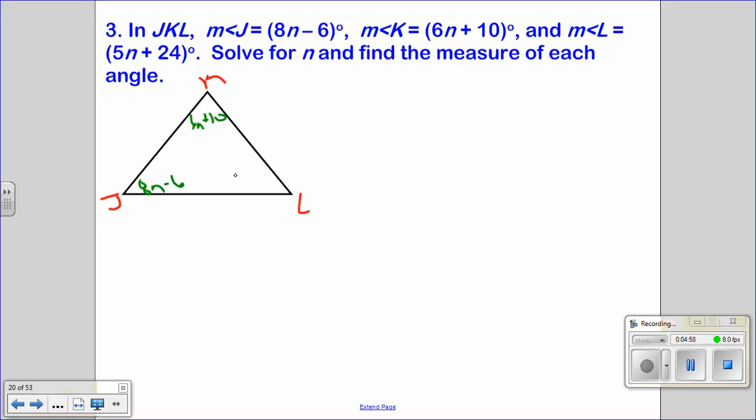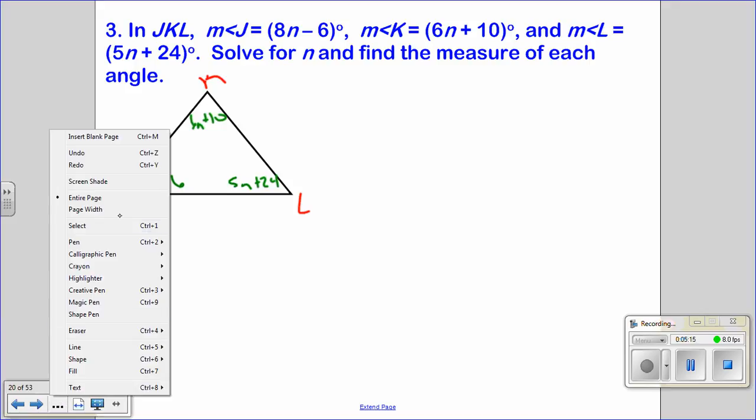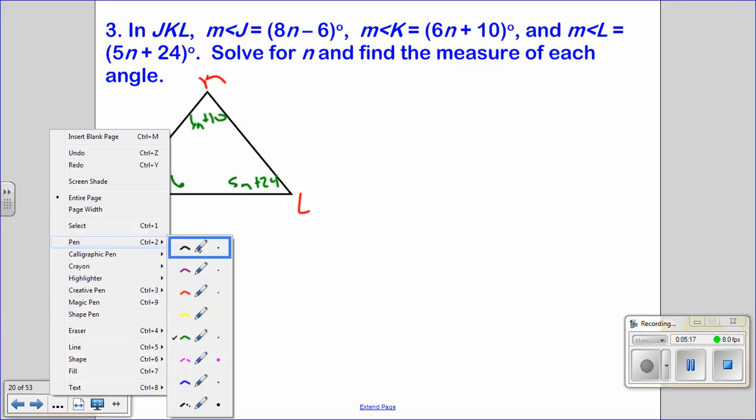L is 5n plus 24. These are all angle measures, and we know the sum of the angle measures is 180. So let's add them all together and equal it to 180.